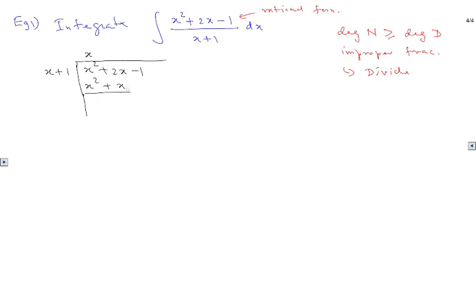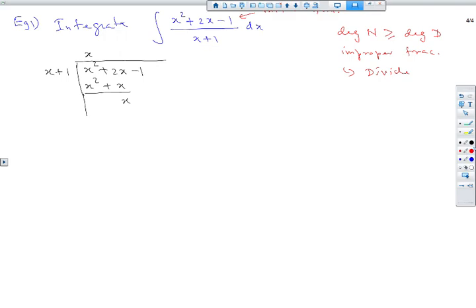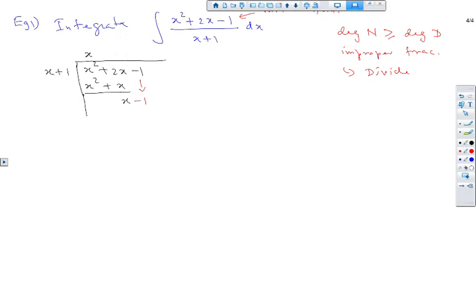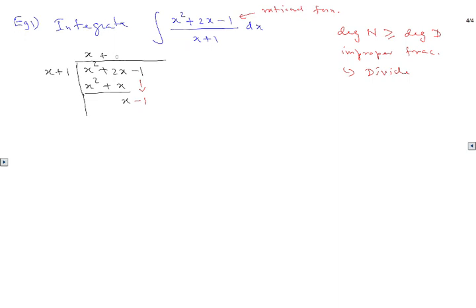Now what we do, we're going to subtract them. Once you subtract them, you're going to get x, and then we pull down the negatives, this term here, so it becomes negative 1 now. Now you can see that 1 is the term here, so it is plus 1, because when you look at x and x squared, it's a 1.